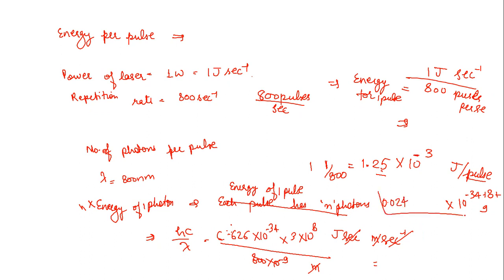Now correcting all the decimals, we get 0.024 into 10 to the power minus 34 plus 17, which comes to be minus 17. So the energy per photon comes to be 0.024 into 10 to the power minus 17, and the unit is joules.